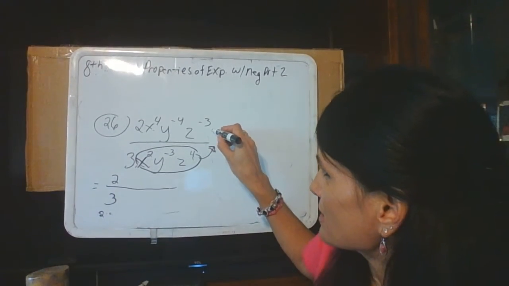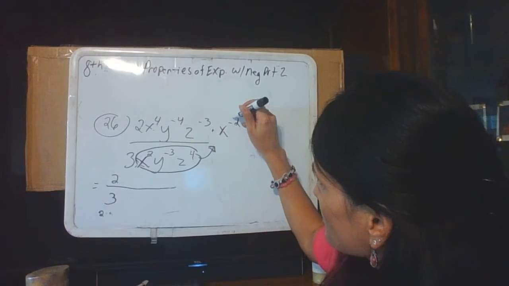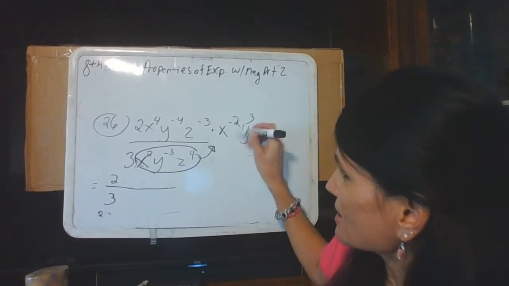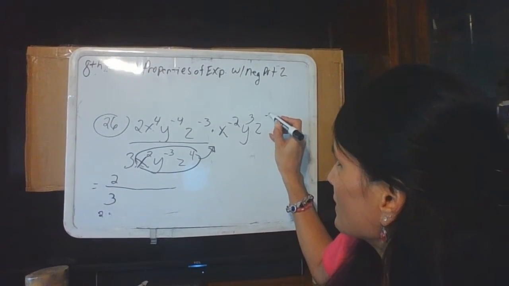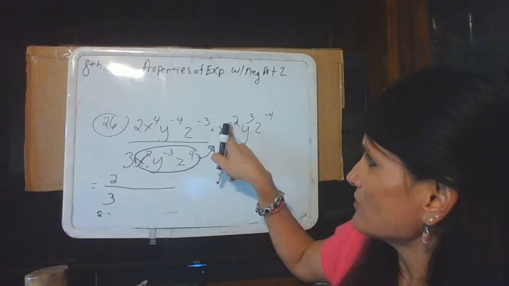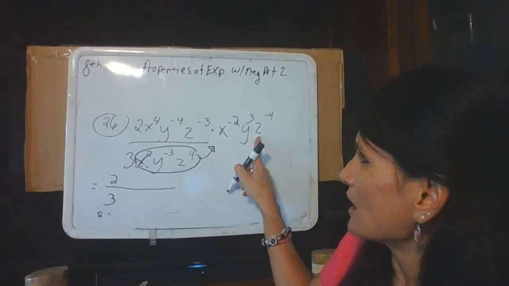So I'm going to say times x to the negative 2, the 2 becomes a negative 2. Then the y to the negative 3, y becomes a positive 3. The z to the fourth, I'm going to make a negative 4. So I just put these on top, but I changed it to a negative 2, a positive 3, and a negative 4. Now everything's on top, okay?